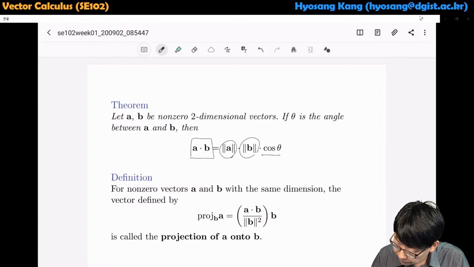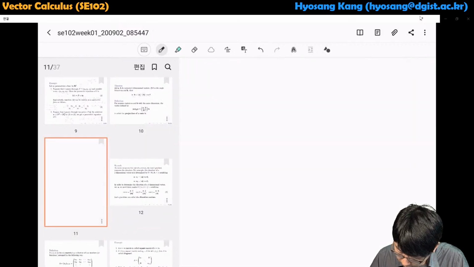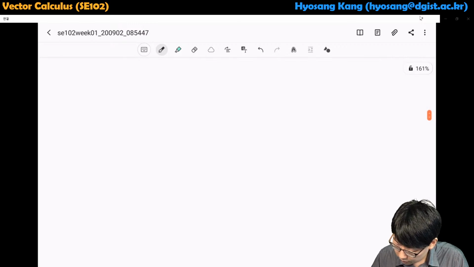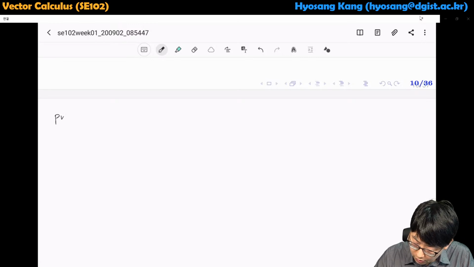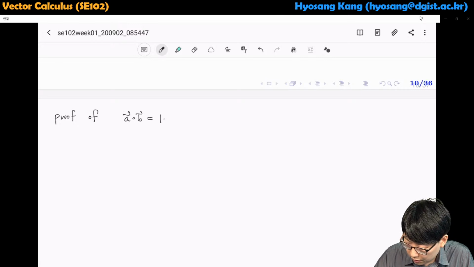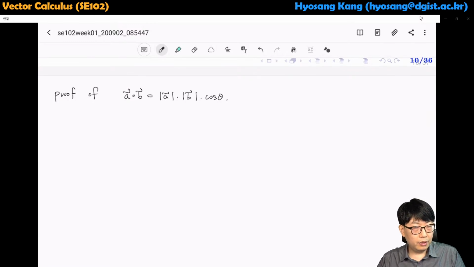Let me add another page here. Proof of A dot B equals norm A norm B cosine theta. We assume that A and B are two-dimensional vectors.